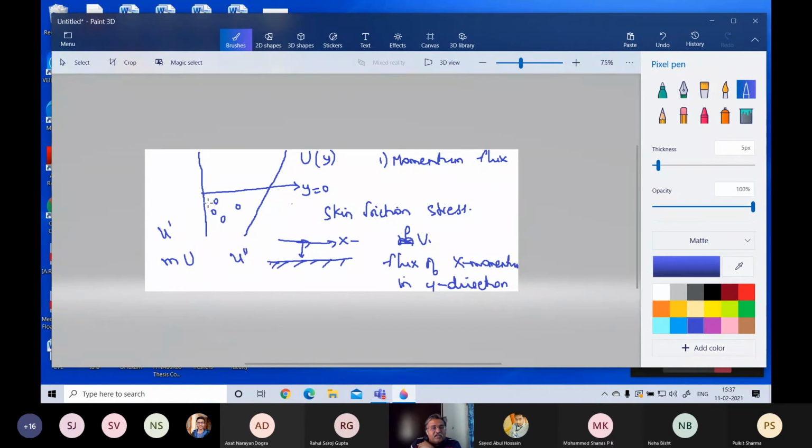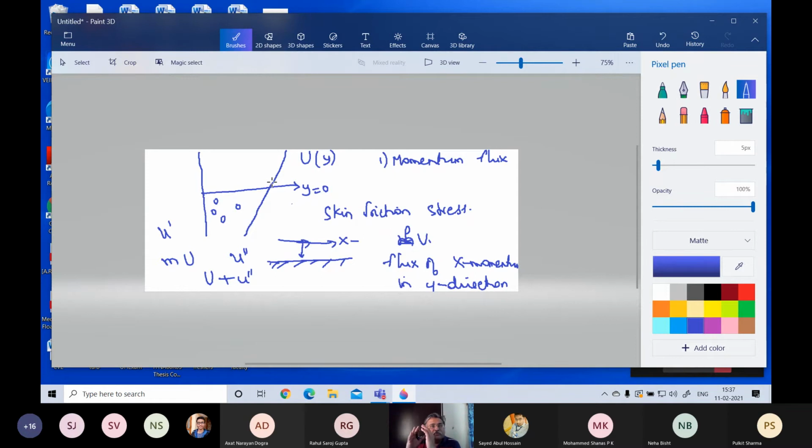So a molecule in the x direction will have a total velocity of u plus u double prime. u is the velocity of the fluid itself. So that is something you have to understand. There is molecular motion inside, but on top of it, at a larger scale, there is a fluid motion.